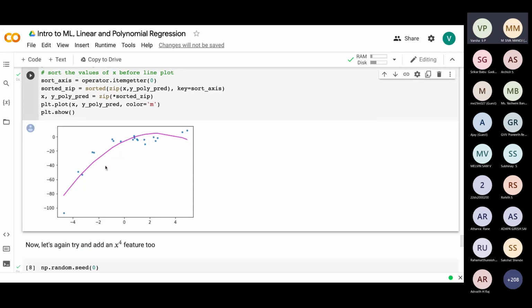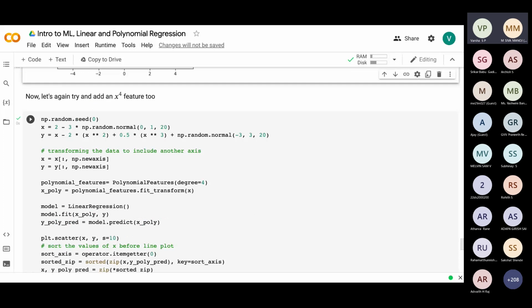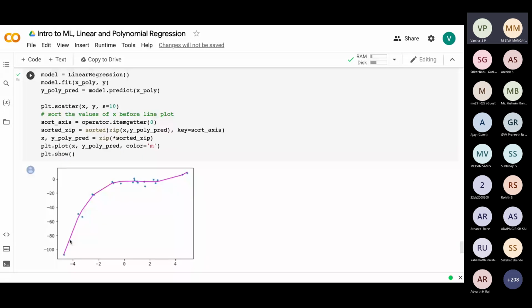So let's move ahead, and we'll go with degree 4. Here you can see that at least most of the data points are lying on the curve that we have plotted.